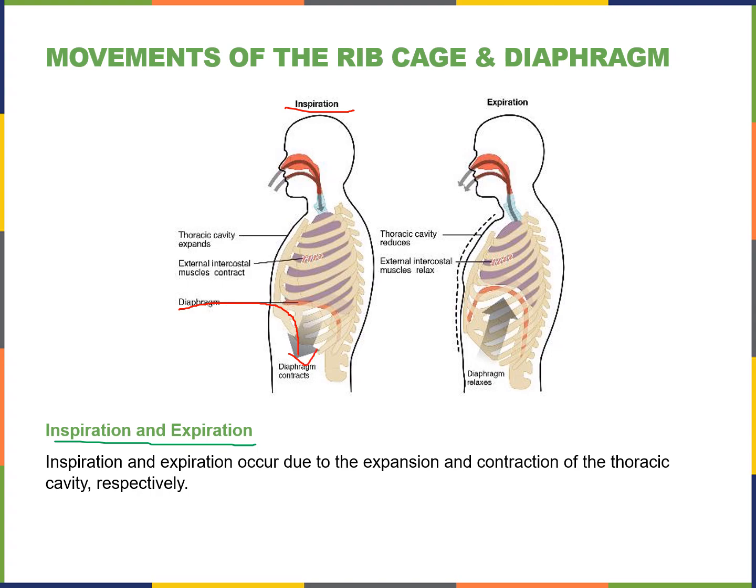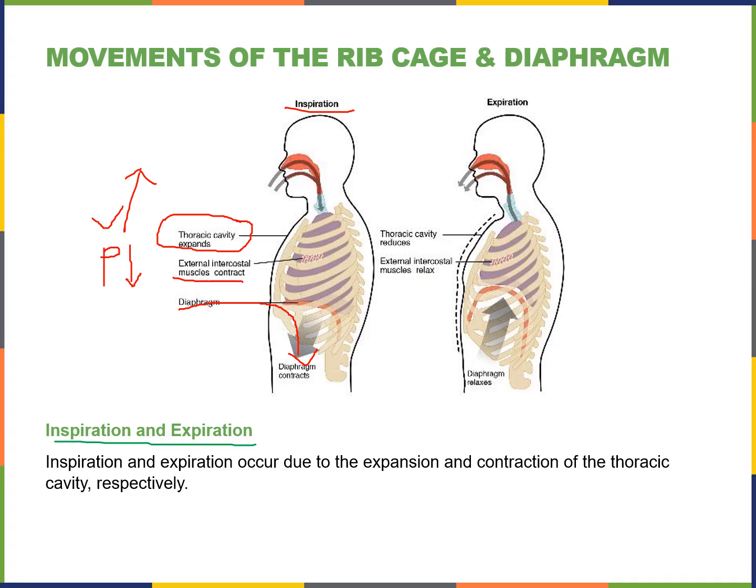It is flat. It is not dome-shaped. The external intercostal muscles contract and move the rib cage up and out. And so the thoracic cavity expands. It increases in volume. Volume increases. And at the same time, the pressure decreases. So you're probably wondering why the pressure decreases, but I'll show you in the next slide.